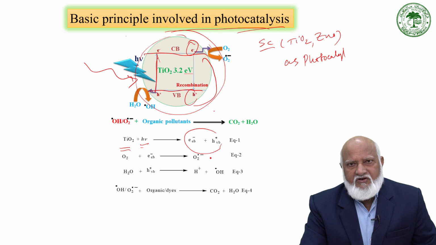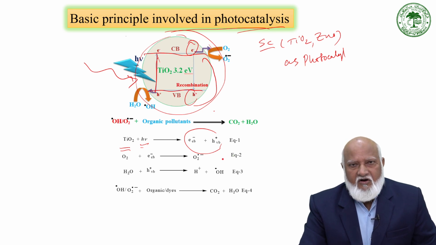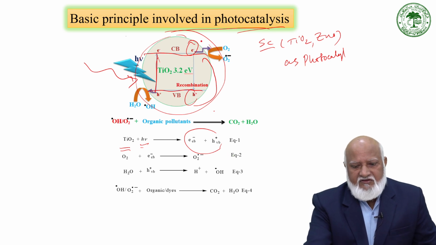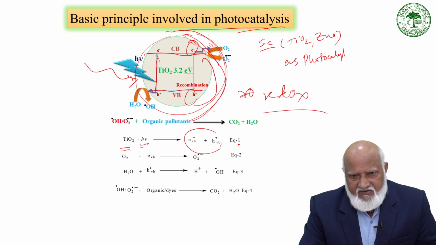The electron can be used to bring about reduction, and the hole can bring about oxidation. So in other words, it generates oxidation reduction sites on the surface of the catalyst, and hence we can bring about oxidation reduction reactions on the surface.